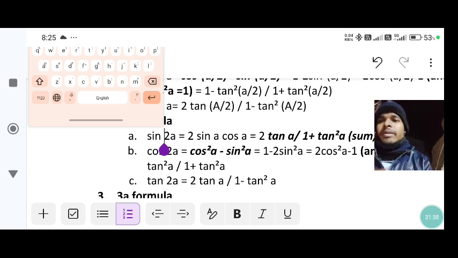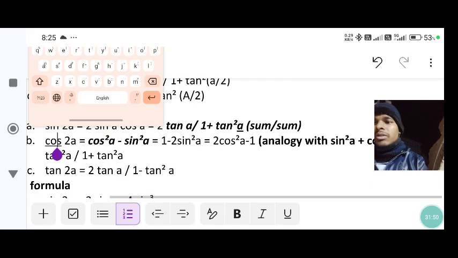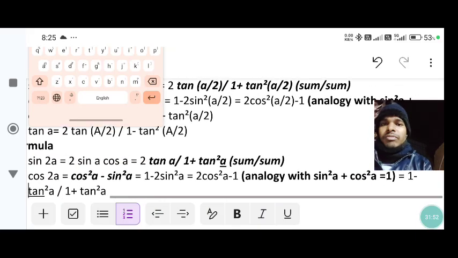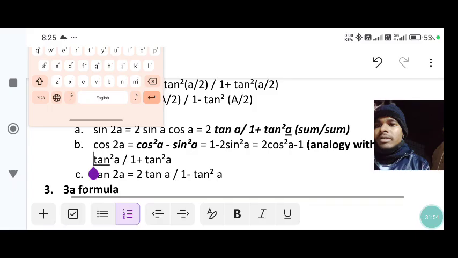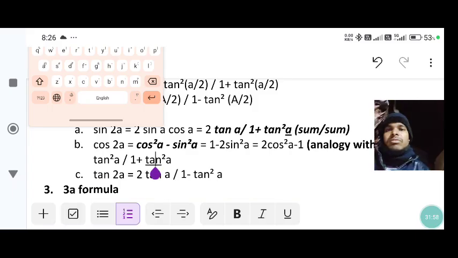Sin means sum, then it will be sum by sum. And for cos, it will be difference by sum, and the difference will be of the denominator, like 1 minus tan square a, and the denominator will be 1 plus tan square a. So it should be clear that it is a difference by sum.